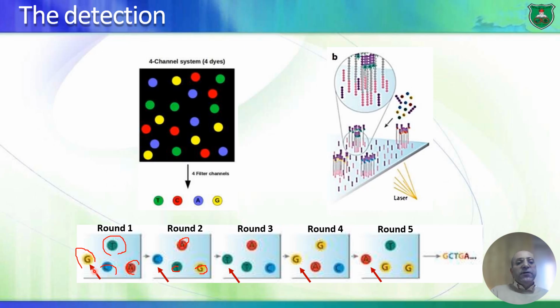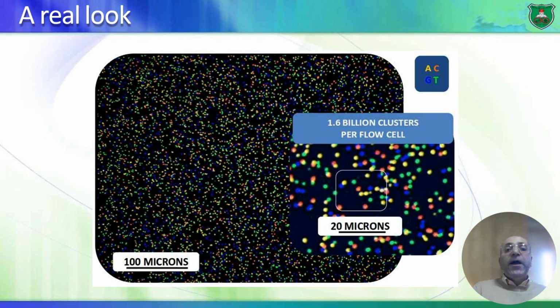So the sequence of the DNA in this cluster right here is G, C, T, G, A. For that cluster, it's a C, then a T, then a T, then an A, then a G, and so on. All right? It's really fireworks happening really fast.